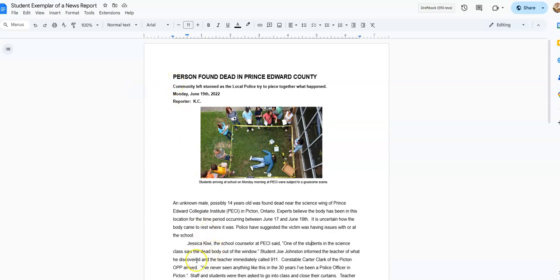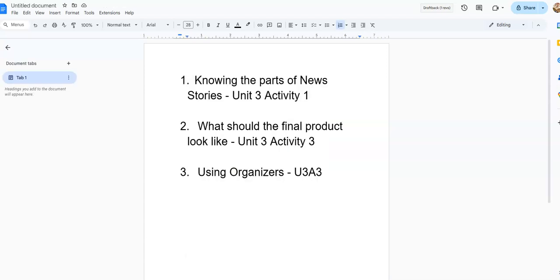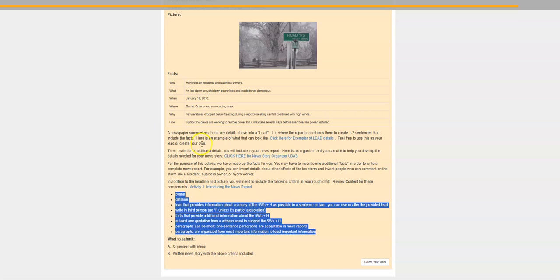So how did we get from the assignment beginning to the end? So we knew the parts of the story, we knew what the final product should look like, and now here's the key part. Let's go to the assignment, and we're going to make sure that we understand what the organizers are going to do to help us.